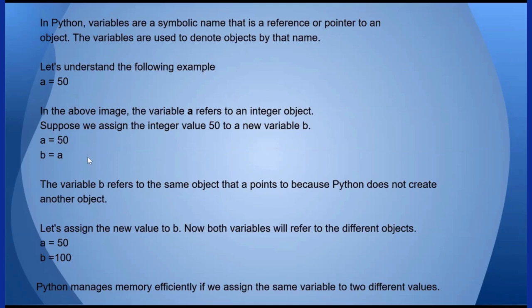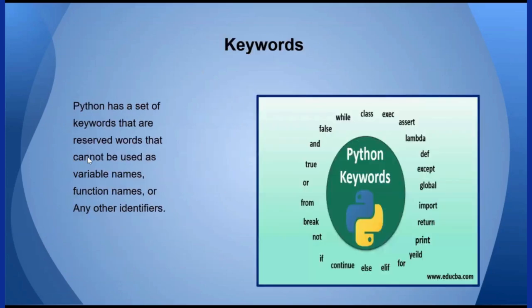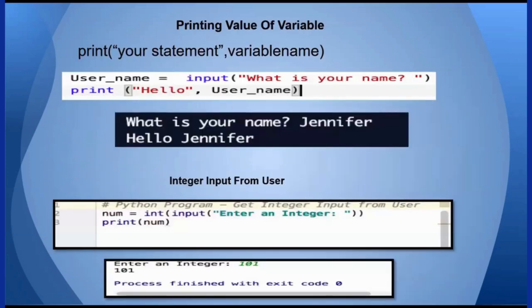You cannot change it. But if you see here, user_name equals input, What is your name? Every time you run the program, the user can enter a different name. So every time the value of user_name will be different. Correct? That's why the value of a variable is always changing.